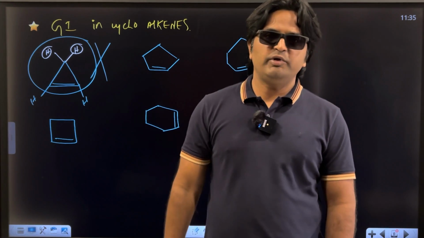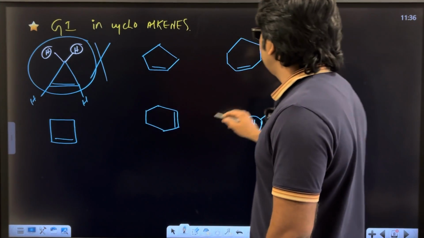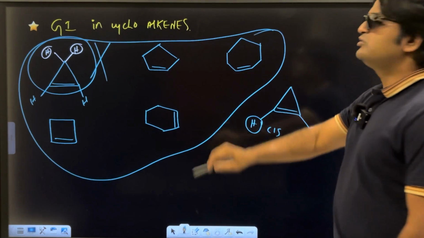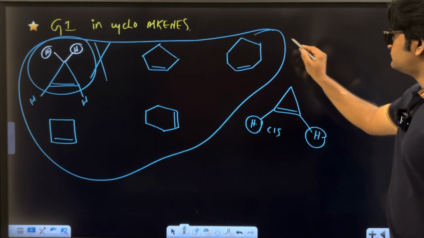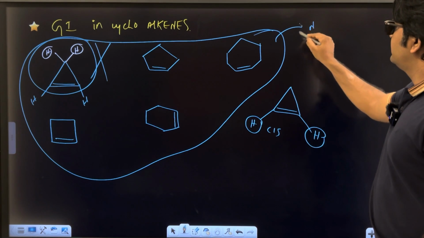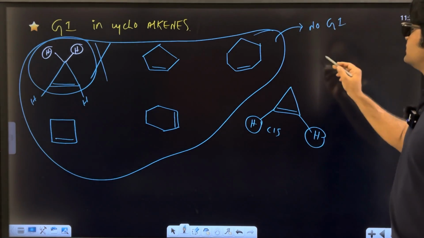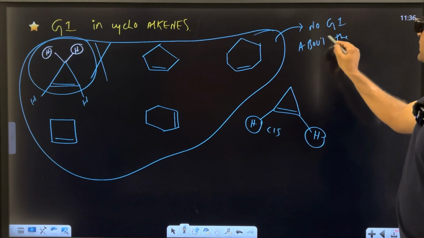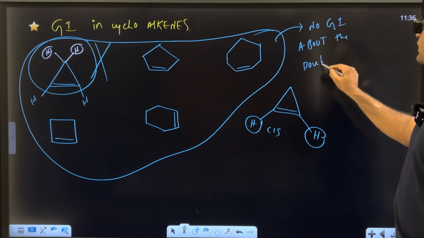Not only cyclopropene, but cyclobutene, cyclopentene, cyclohexene, up to the 7-member ring system, very important: no geometrical isomerism about the double bond. Remember this point.